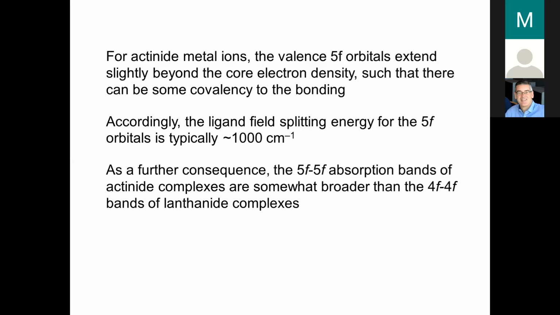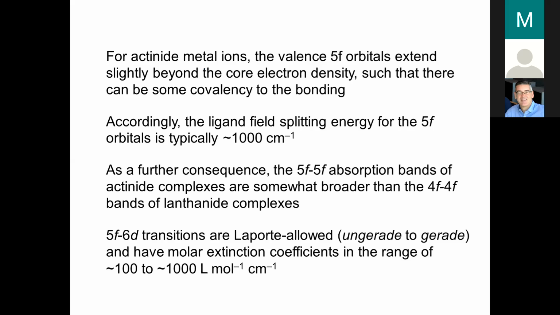And as we also discussed, as a further consequence for the larger nuclei, the 5f transitions are broader than the 4f transitions. And as we've just looked at them, the 5f-6d transitions, as they are Laporte allowed, have much higher extinction coefficients and typically range in the visible to UV spectrum, whereas the f-f transitions are in the near IR spectrum typically.